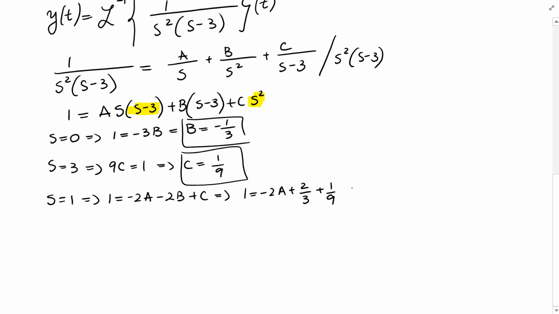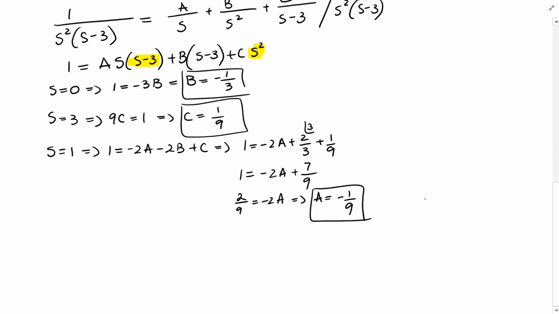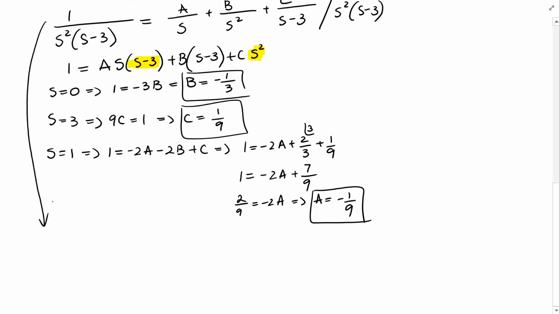I'm going to pause this and solve for a. And I got a equals negative 1 over 9. So this relation here, 1 over s squared times s minus 3, can be written as negative 1 over 9 times 1 over s, minus 1 over 3 times 1 over s squared, plus 1 over 9 times 1 over s minus 3.